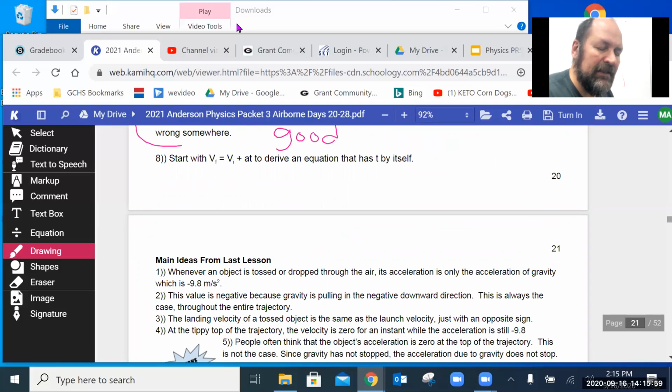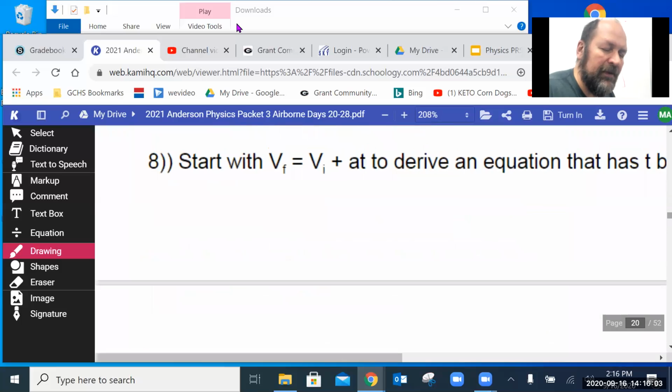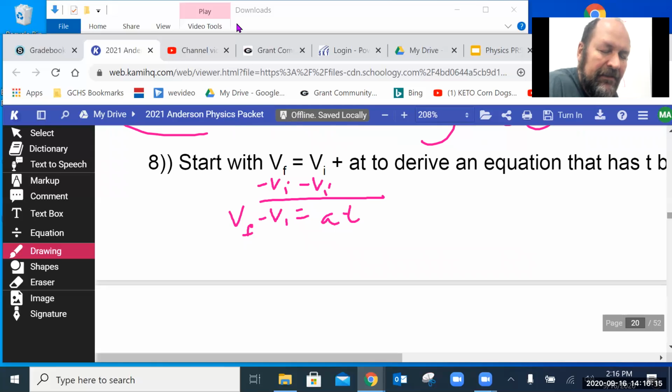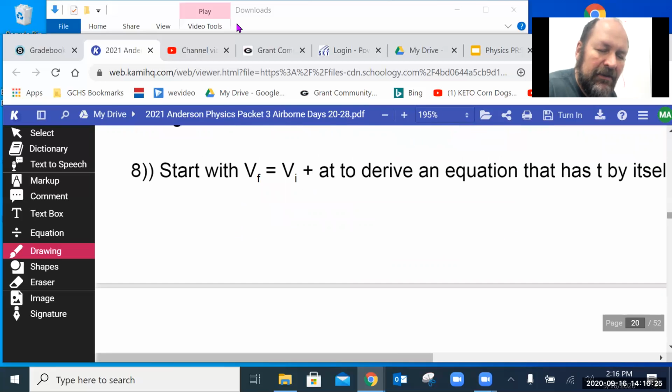Number 8, start with this equation and derive an equation that has t by itself. So we just want to get the VI and the A away from there. So what I'm going to do is subtract off VI from both sides. And I'll get VF minus VI is equal to AT. And then I want to divide both sides by A. And do I want the T on a certain side?